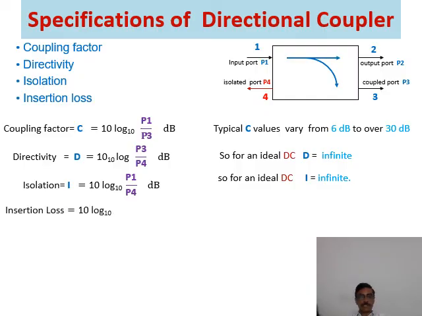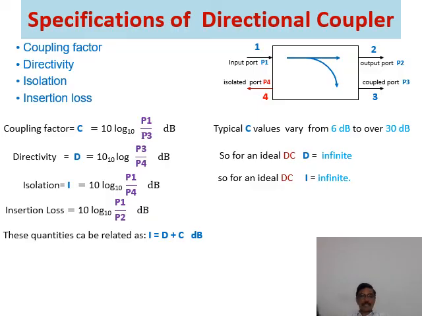The last parameter is insertion loss. It is the logarithmic ratio of the power ratio of P1 and P2. And these 3 parameters, coupling factor, directivity and isolation, are related in terms of dB as isolation in dB equals directivity in dB plus coupling factor in dB.